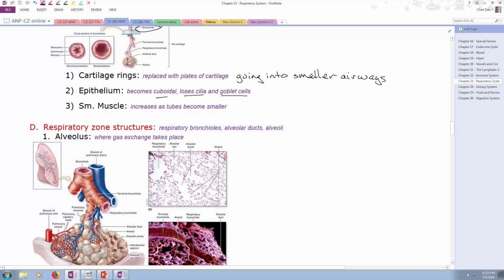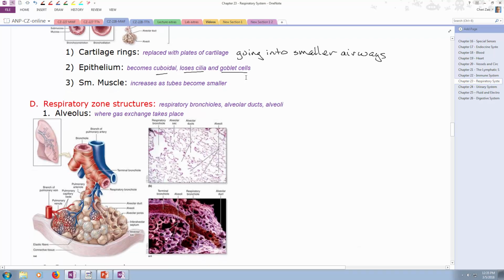When we take a look at the smooth muscle, that's part of the airway structure itself, we see percentage-wise it increases as we get into the smaller and smaller tubes. And smooth muscle is the only structure keeping the airway patent or open.